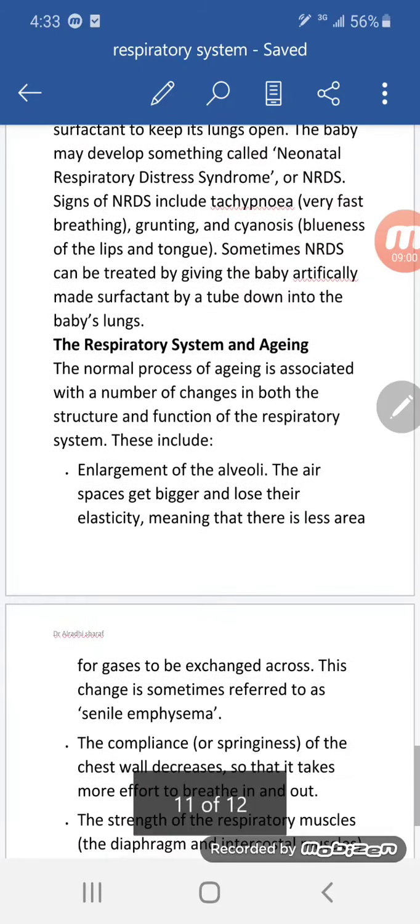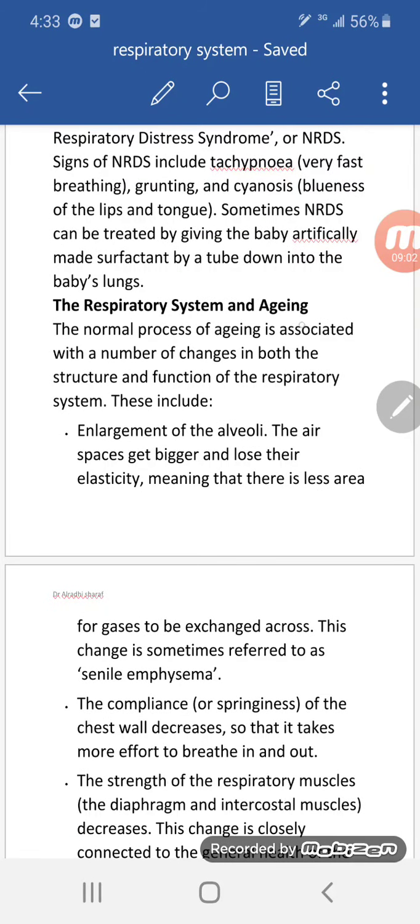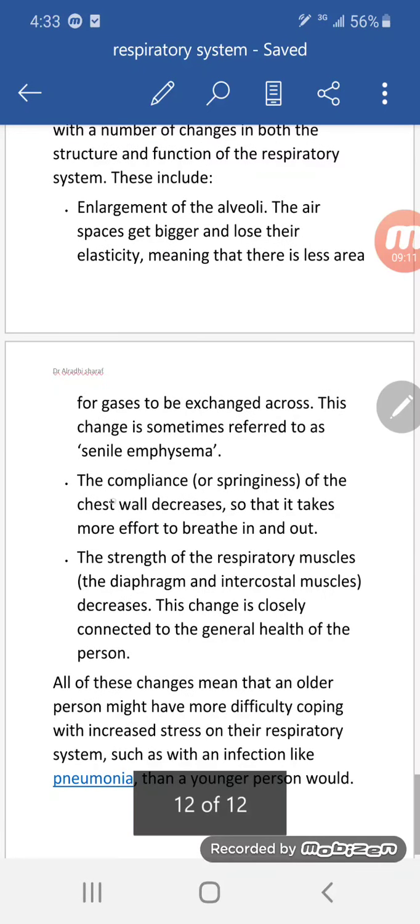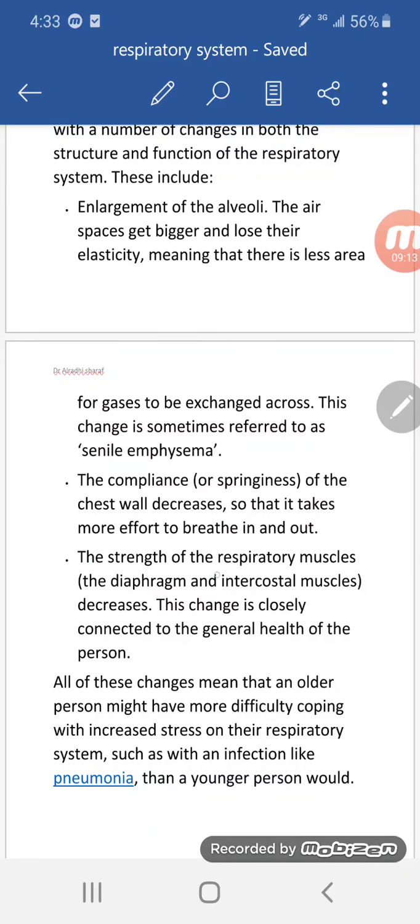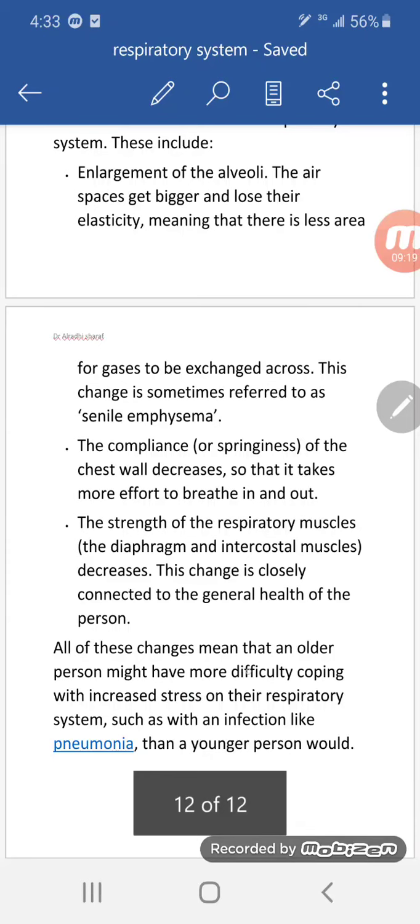And we see the difference when you become old. There is enlargement of the alveoli, and the air space gets bigger and loses its elasticity. Also, compliance will decrease. The strength of respiratory muscles will decrease, so respiration will become difficult.